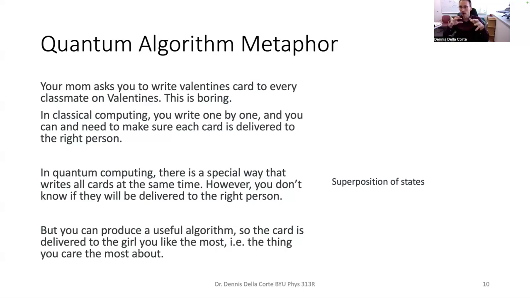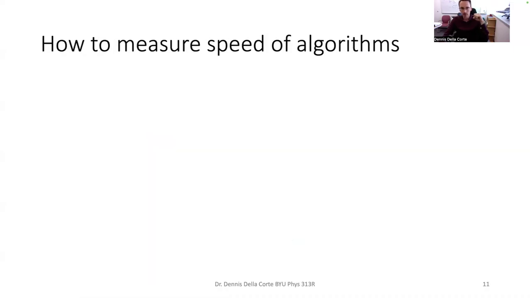So instead of writing all cards one after the other, we write all cards at once, so all possibilities are there. Then we make sure that only the state that we care about is measured at the end, or that the event that you truly care about has a remaining probability of occurring. This combination of superposition of states and only measuring what really matters will be the basic idea of all quantum algorithms that we're going to cover.